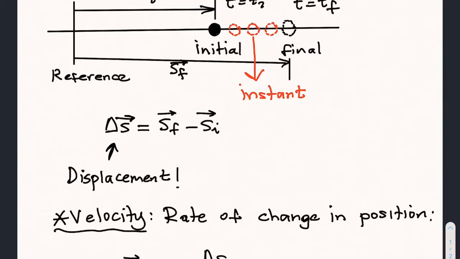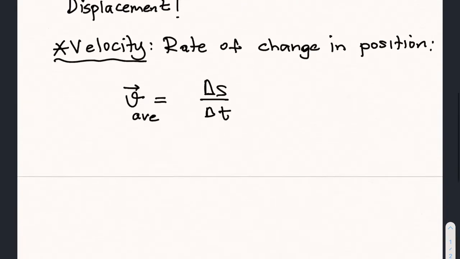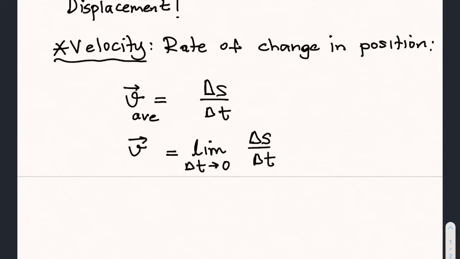I need to focus on that specific time. So therefore, I need to also define an instantaneous velocity, which means if I take the limit as delta t goes to 0, then I can focus on that specific time.